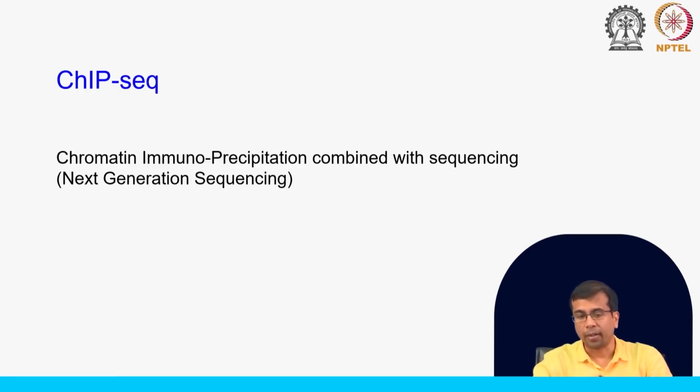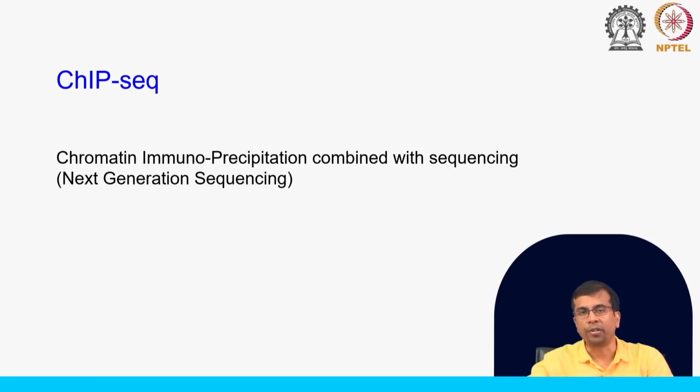First, what is the full form of ChIP-seq? ChIP stands for chromatin immunoprecipitation, and the seq part is combined with sequencing. This sequencing is usually next generation sequencing, on many of the available platforms, but most commonly the Illumina platform.